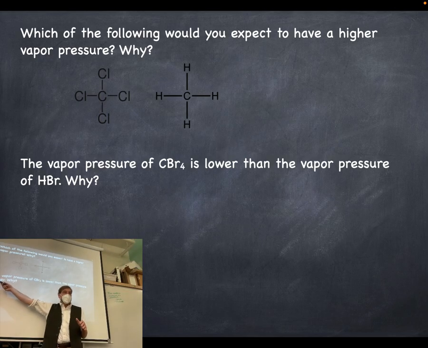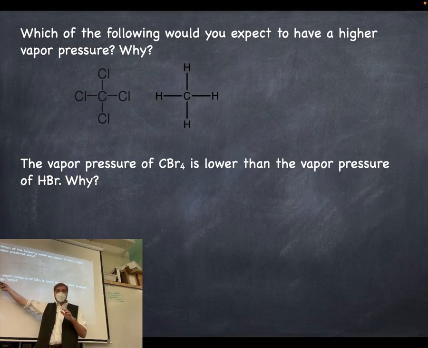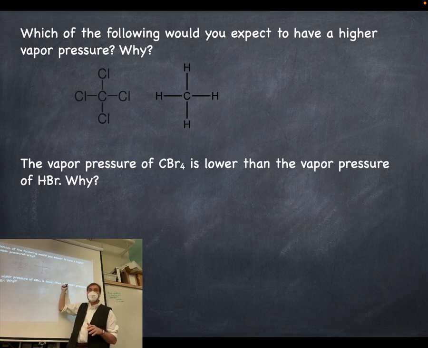Hydrogen bromide is polar, right? It has London dispersion forces, sure, absolutely, everything does. Does it have hydrogen bonding? No. Hydrogen bonding is fluorine, oxygen, nitrogen. Bromine is not fluorine, oxygen, or nitrogen. So it has dipole-dipole interactions and London dispersion forces. But the problem tells us that carbon tetrabromide has a lower vapor pressure.